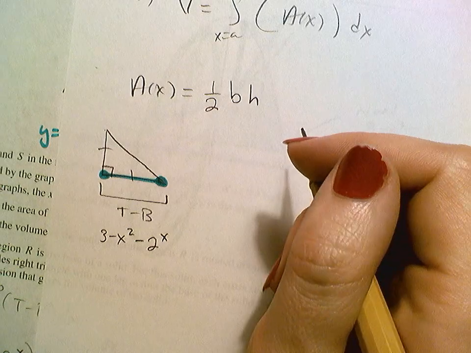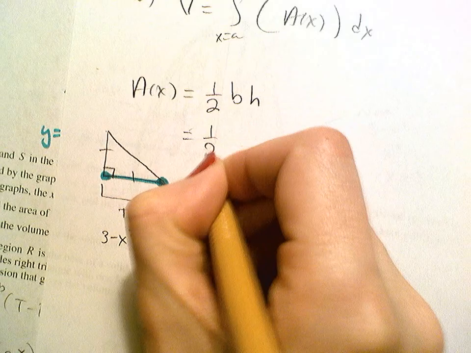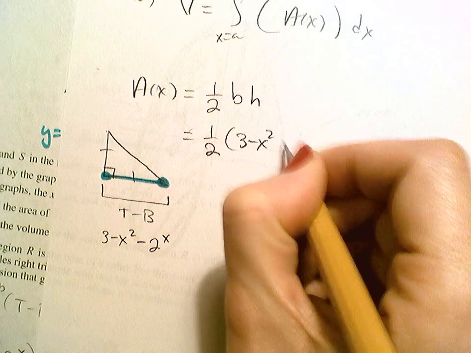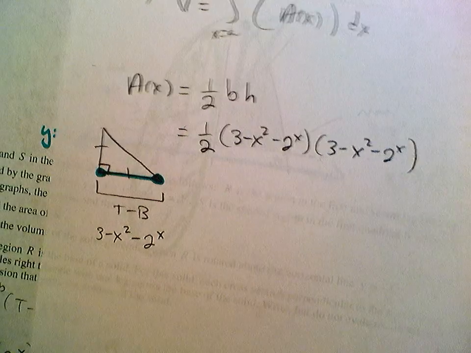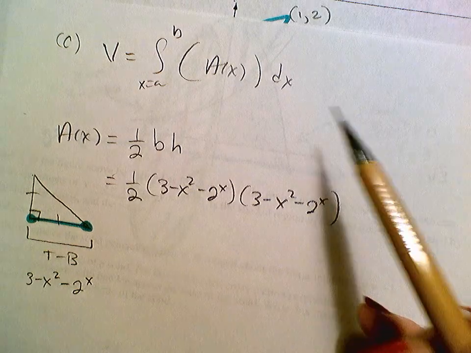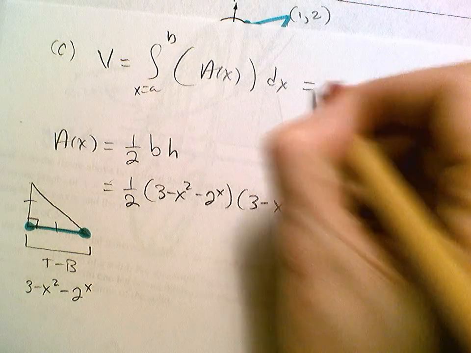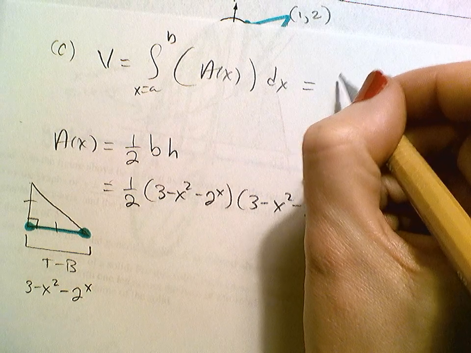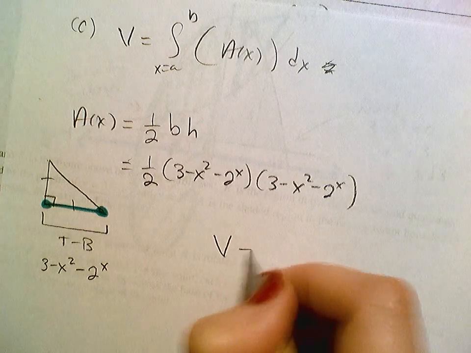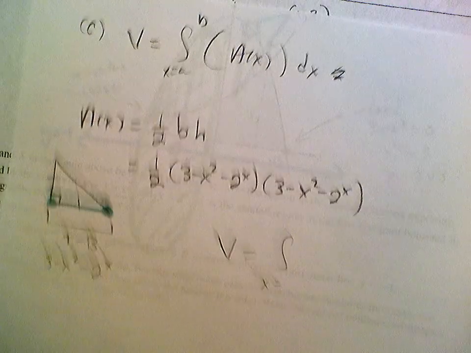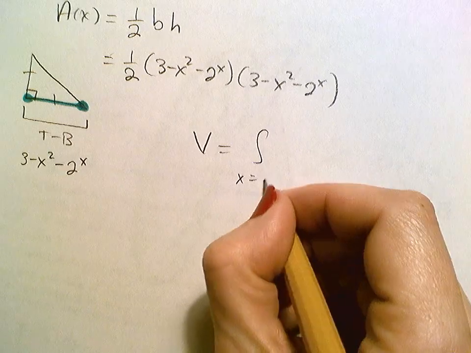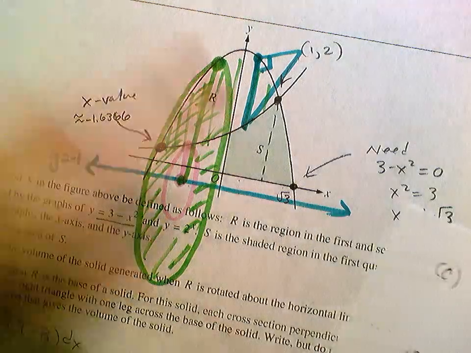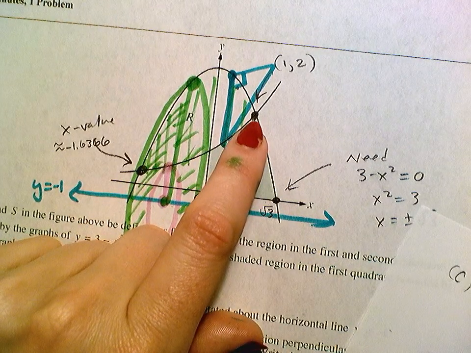So this is equal to 1/2 just like that, okay? So the volume is equal to the integral from x equals a to 1, where a is stored.